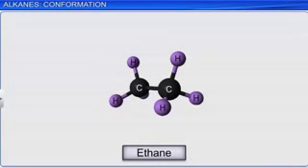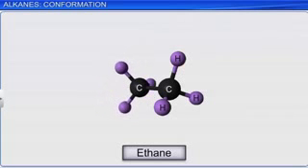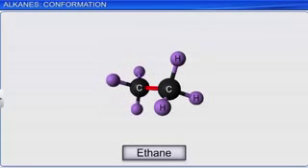Now let's understand the concept of conformation better by using the ethane molecule as an example. We can see that each carbon atom is attached to 1 carbon and 3 hydrogen atoms. Now, imagine one of the carbon atoms along with its hydrogen bonds rotating around the internuclear axis of the carbon-to-carbon bond.